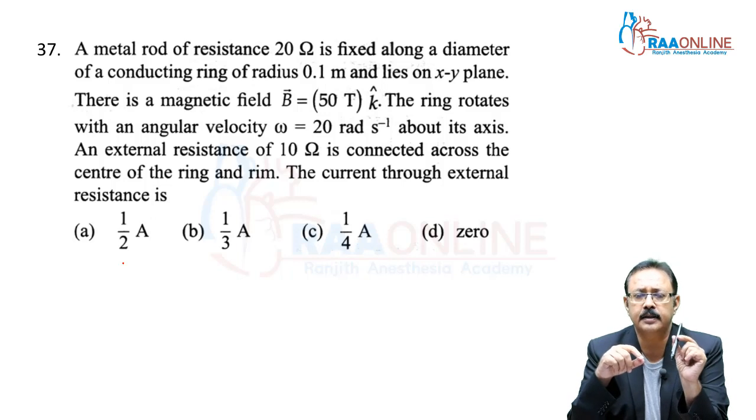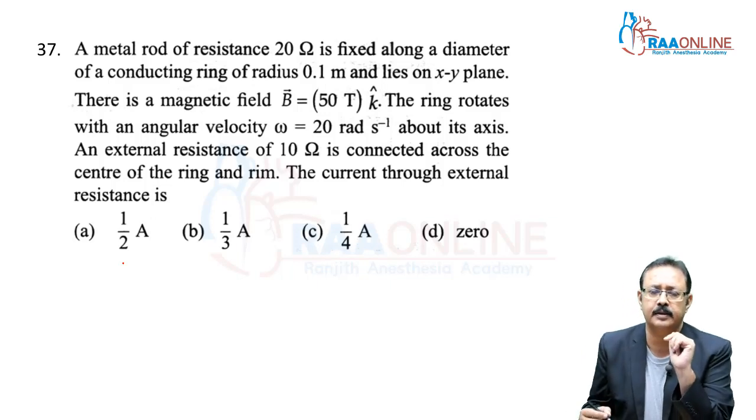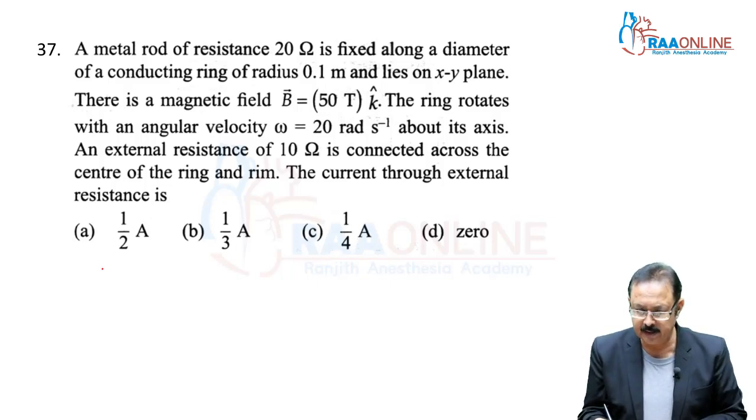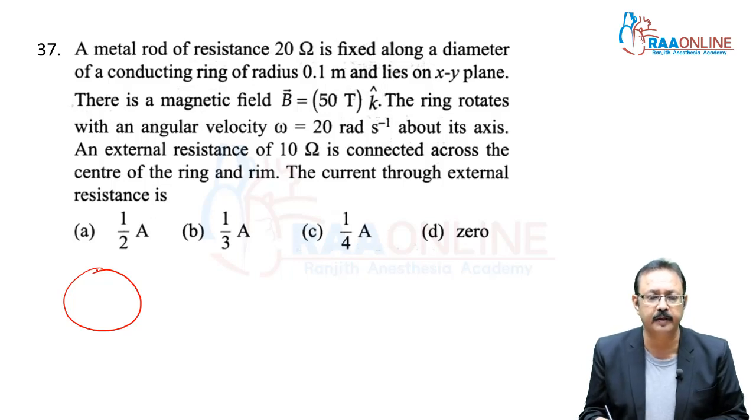An external resistance of 10 ohm is connected across the center of the ring and the rim. The current through the external resistance is, means it is a ring. They are talking about this, and it is the diameter.